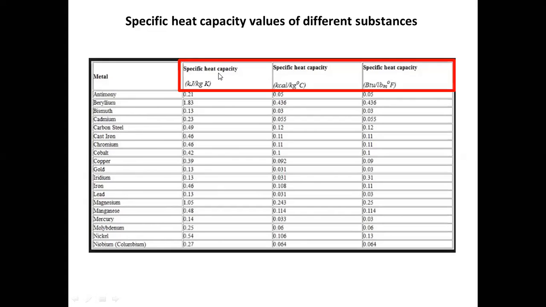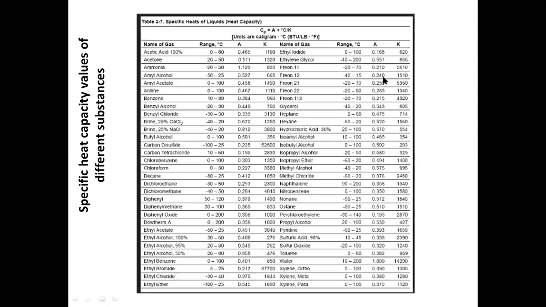You can see the specific heat capacity values in 3 units: BTU units, calories, and joules. All the units are used interchangeably, depending on the applications. So better note the units as well, but all are specific heat capacities of different substances. You should know where to get these values.